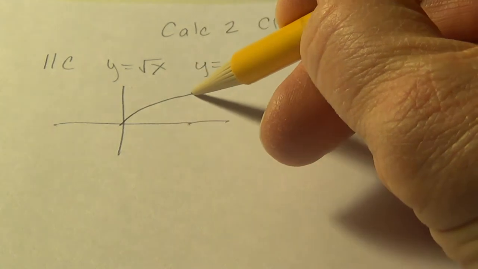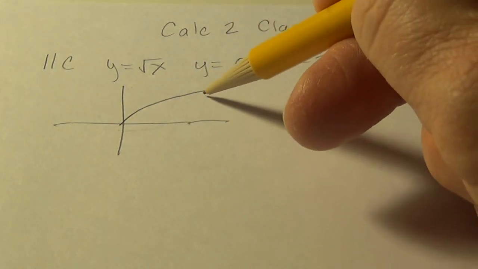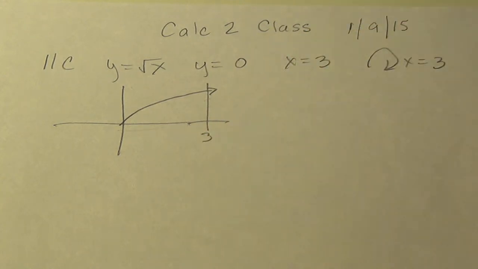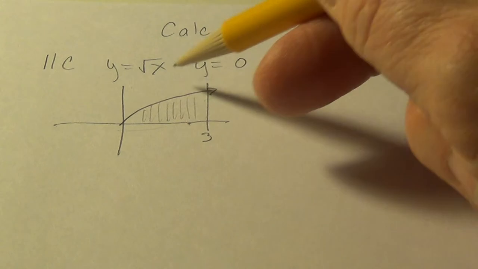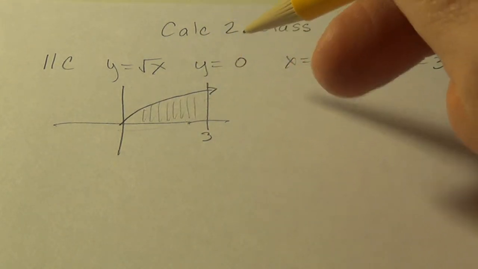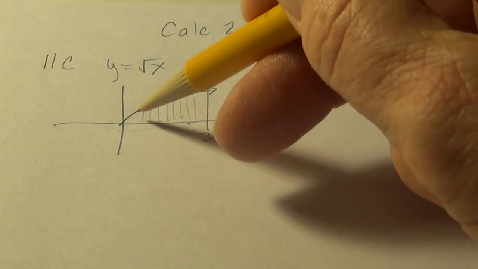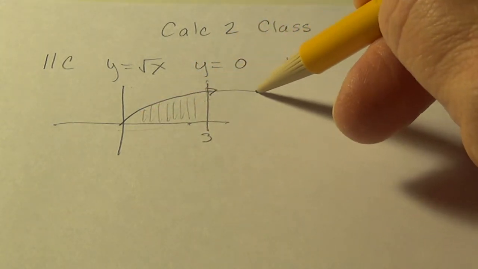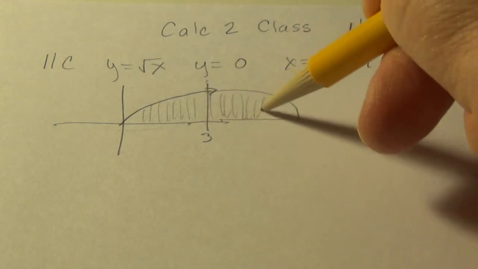We have y equals square root of x, y equals 0, x equals 3, and we're going to take this area, bound by those three graphs, and revolve it around x equals 3. So here's our x equals 3. We revolve it around, so this area will show up over here from our viewpoint.